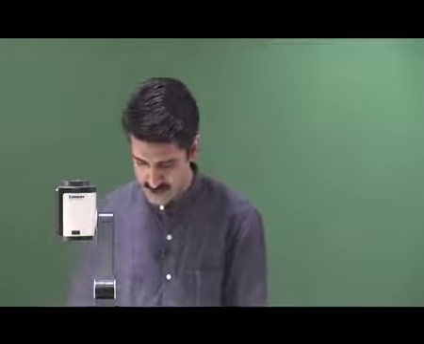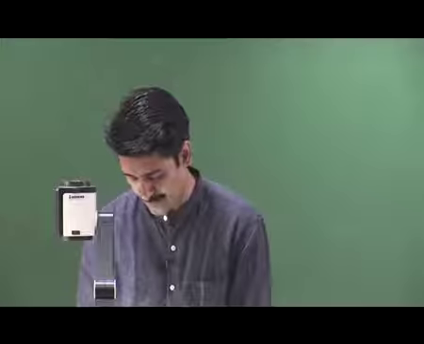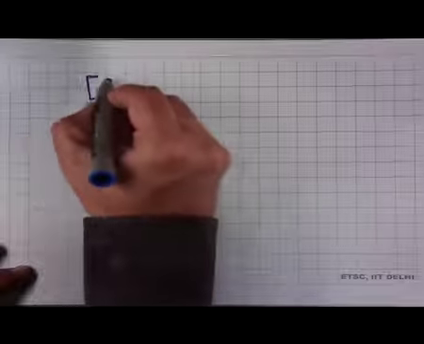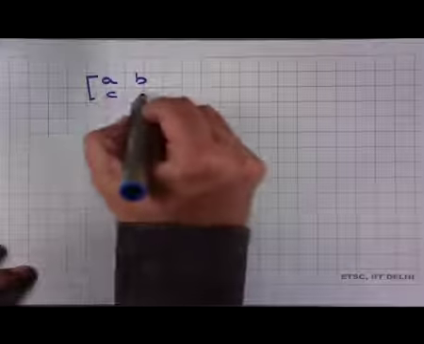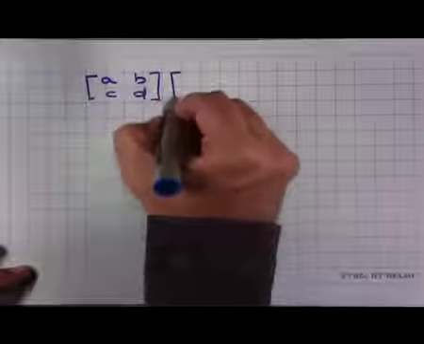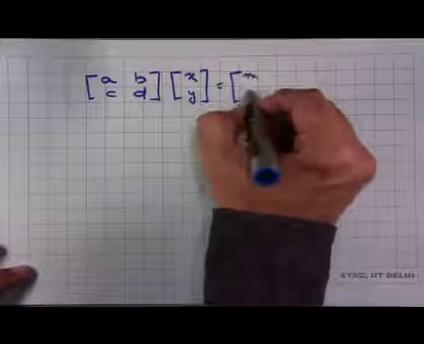Just to carry on with the previous example, we have something like A, B, C, D times x, y equal to m and n.